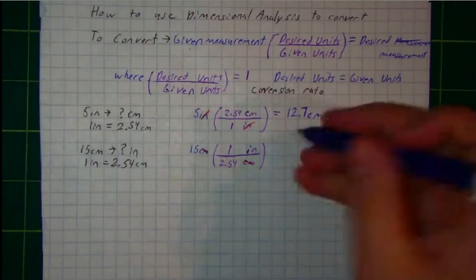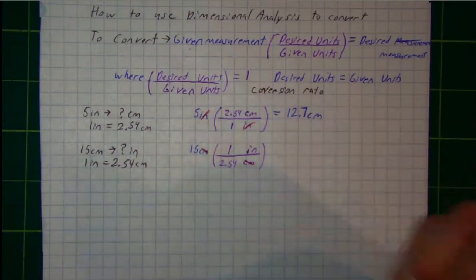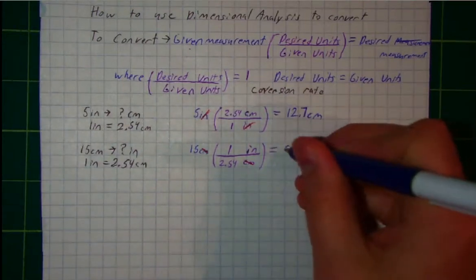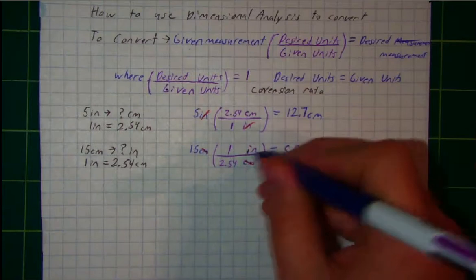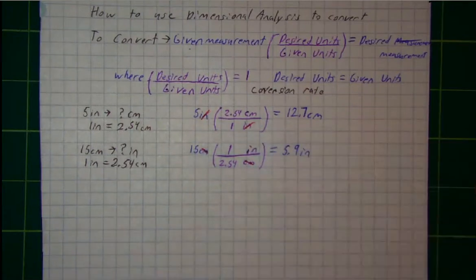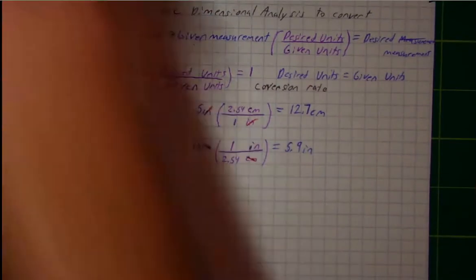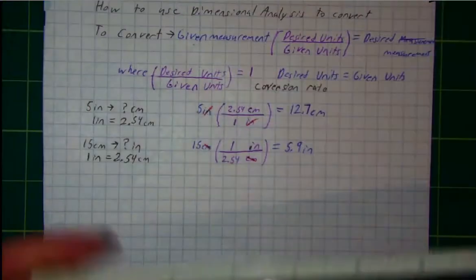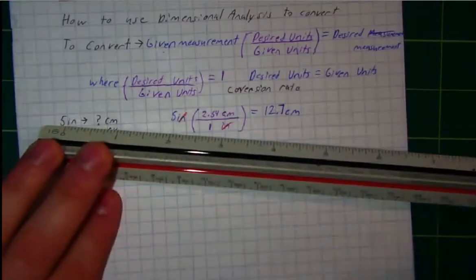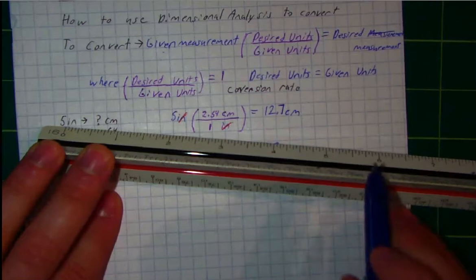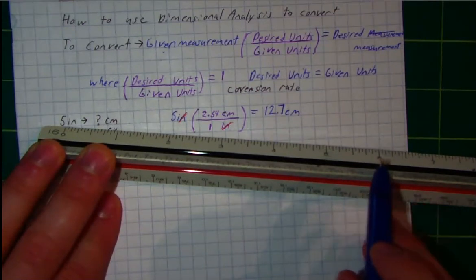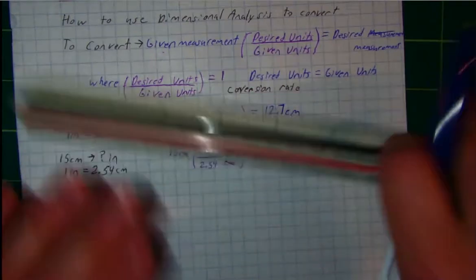I'm going to round that off to 5.9, so 5.9 inches. What does that mean? If I take out my ruler and look at where about 5.9 inches is, somewhere around this area, that is the same length as 15 centimeters.